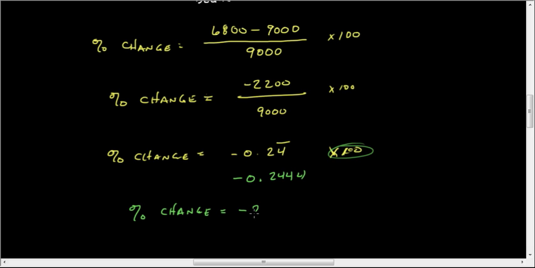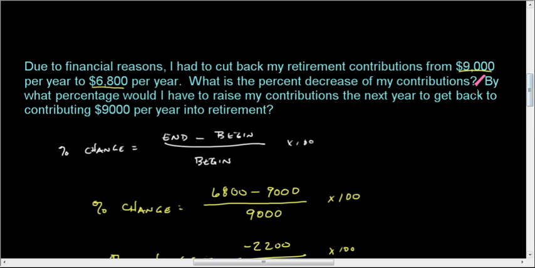So this is going to be negative 24.44%. And so it's a 24.44% decrease. That's the answer to my first question here.